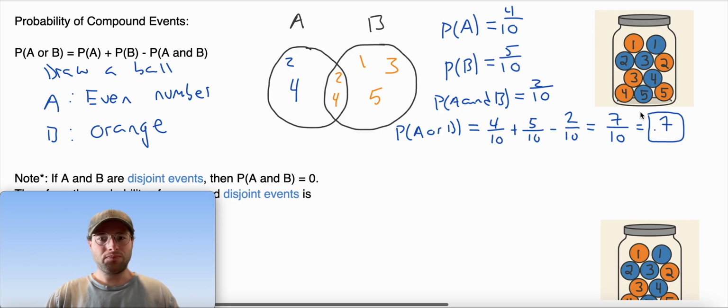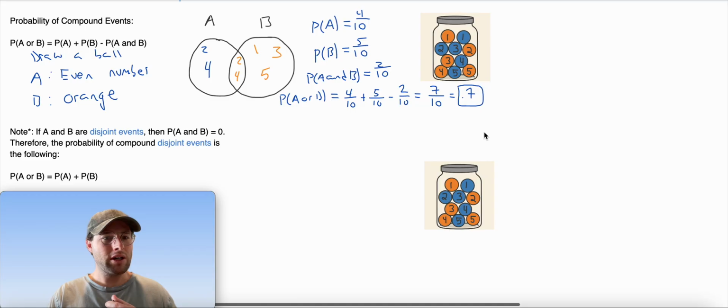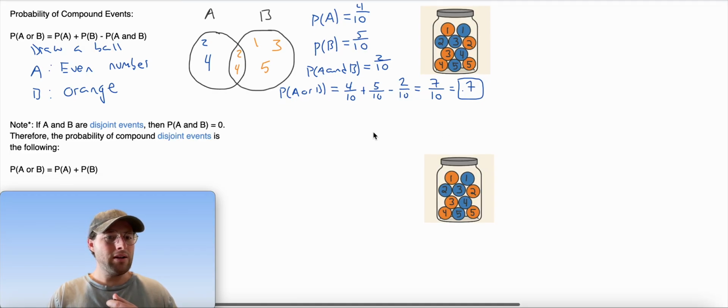Awesome. So that right there is going to be our probability of drawing an even number or an orange ball. All right, so right now I want to compare and contrast this with what I have right here below. Let's take a look here. So let's note that if A and B are disjoint events, then the probability of A and B equals 0. Therefore, the probability of compound disjoint events is the following.